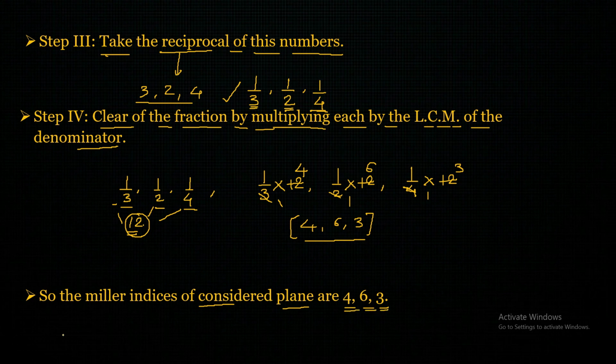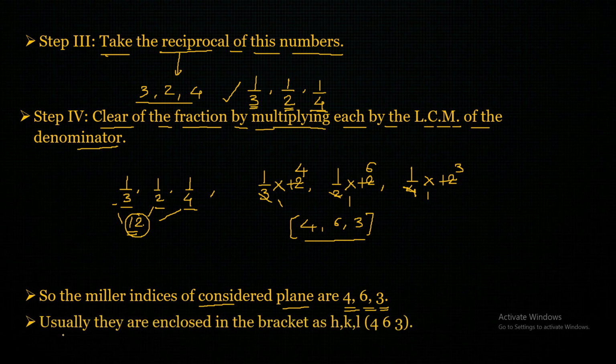And one important part, usually the Miller indices are enclosed in brackets and shown as (hkl). मतलब it will be the hkl का value रहेगा 463, and these three numbers are our Miller indices. हमने जो एग्जाम्पल लिया था उस एग्जाम्पल के अकॉर्डिंगली we got the Miller indices of the given plane are 463. आई होप कि आपको ये वाला कॉन्सेप्ट अंडरस्टैंड हुआ है. थैंक यू.